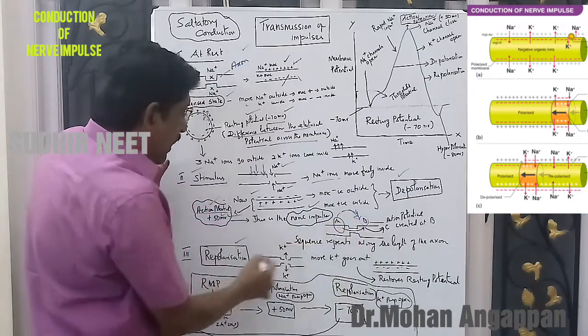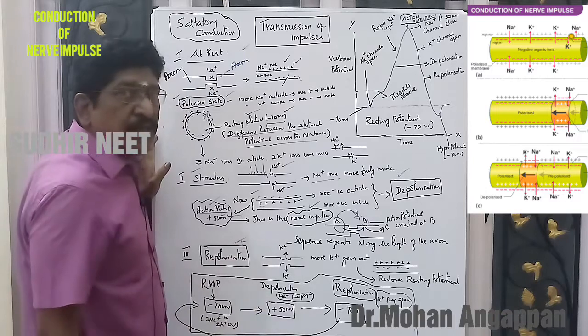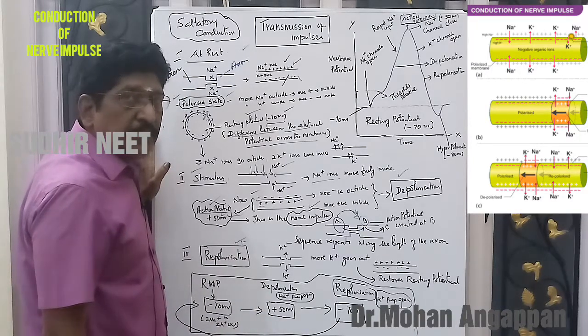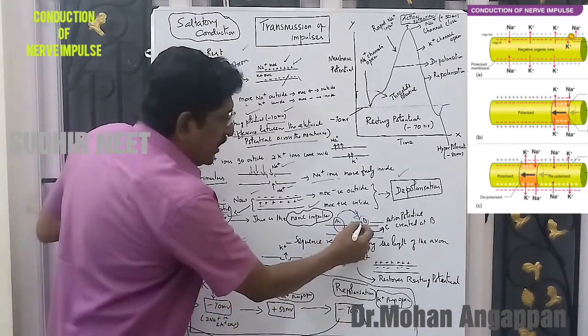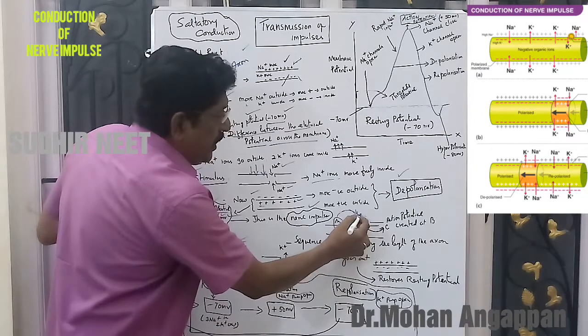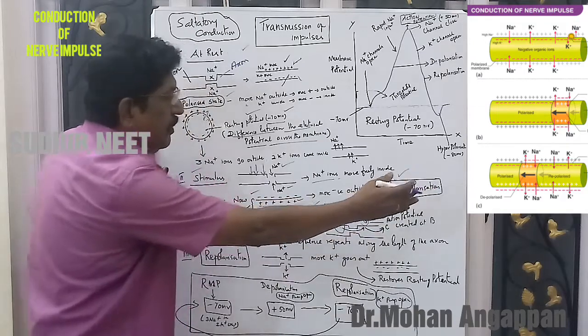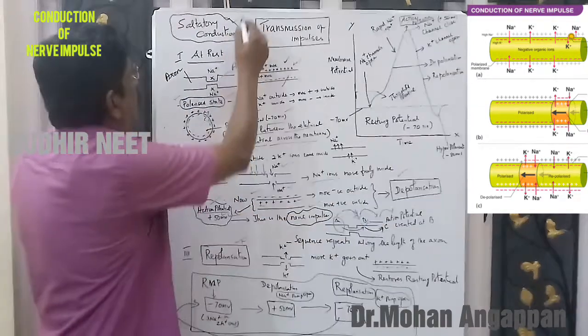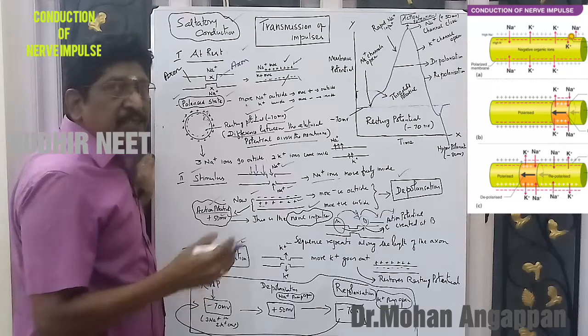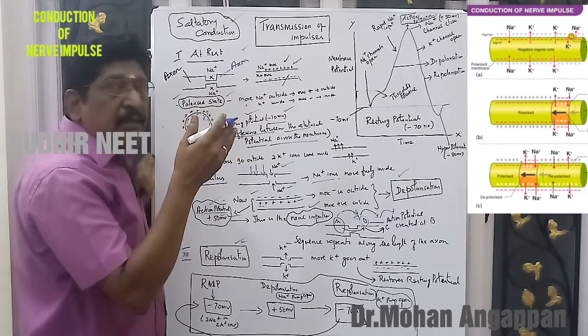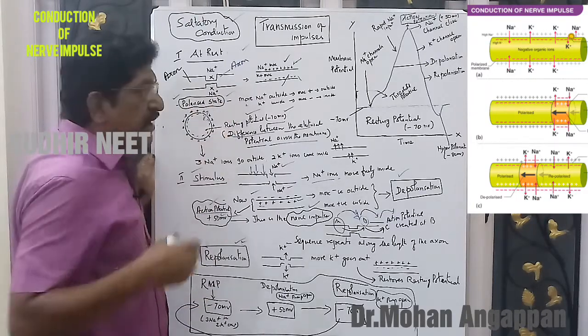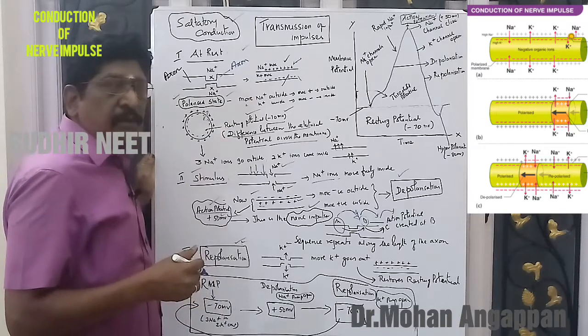It becomes repolarized. And then another action potential is created at B, and it goes on to C, and from C to D, and it goes on. I told you that movement is called the saltatory conduction between the nodes of Ranvier in the axon.